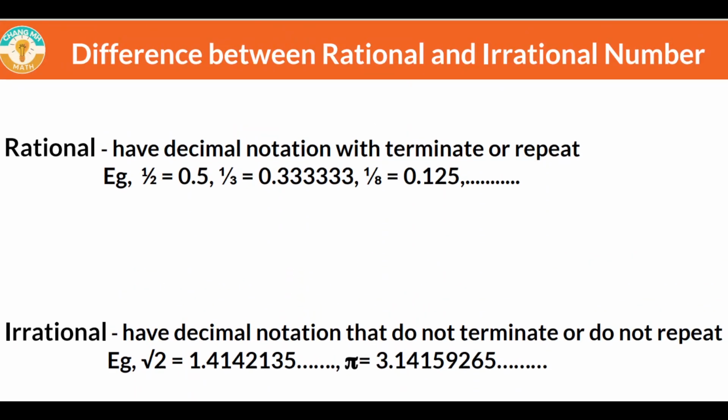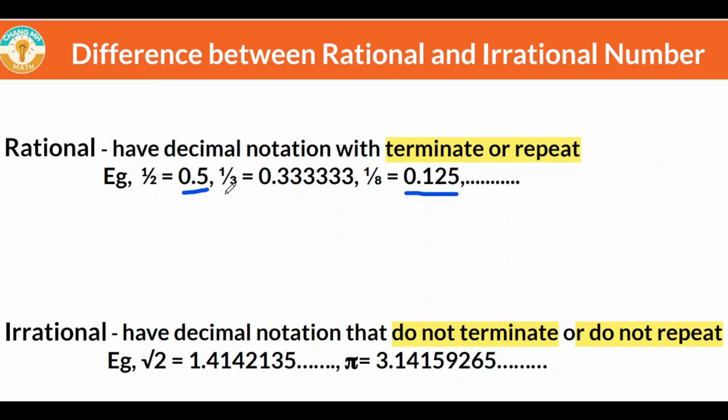It's simple. Rational numbers have decimal notation that terminates or repeats, but irrational numbers do not terminate and do not repeat. Let's look at examples. Like 1 by 2, we have 0.5, so this terminates. 1 by 8 is 0.125, and it also terminates. So we can call these rational numbers.